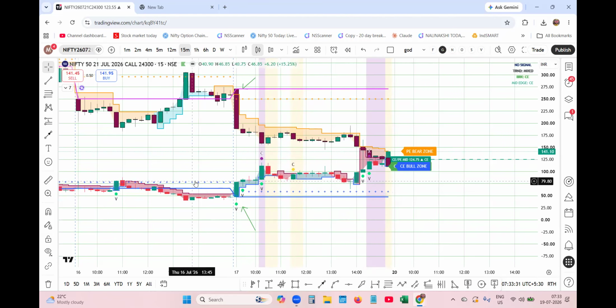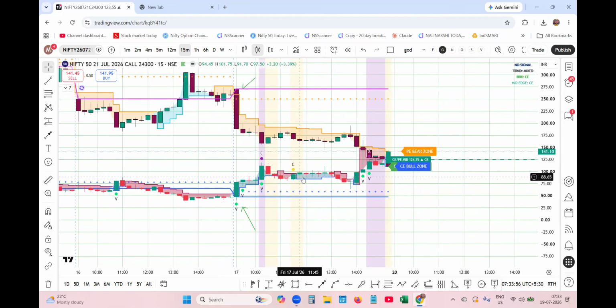And what do you notice here? When the call option premium is above its pivot, simultaneously, when they were apart, this put option premium is losing its balance pivot. Then the grid line is showing bearish here and bullish there.